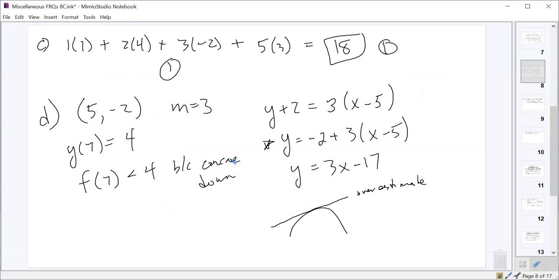Good or no? Everybody good with that first part of part D?